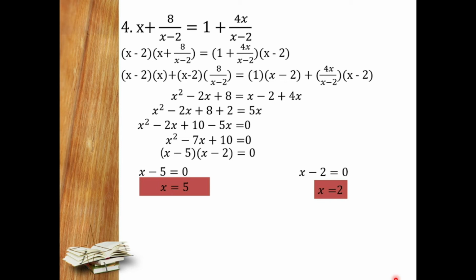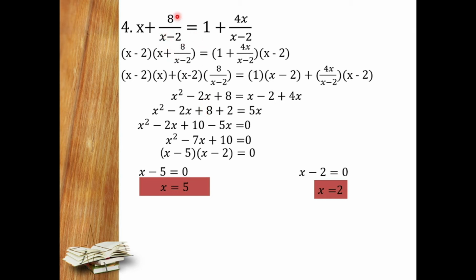We have x equal to 5 and x is equal to 2. The question is, are they both real solutions? Okay, if we're going to observe x is equal to 2, pag sinubstitute natin yan si 2 doon sa original equation natin, magzi-zero tong denominator natin, correct? 2 minus 2 is 0.